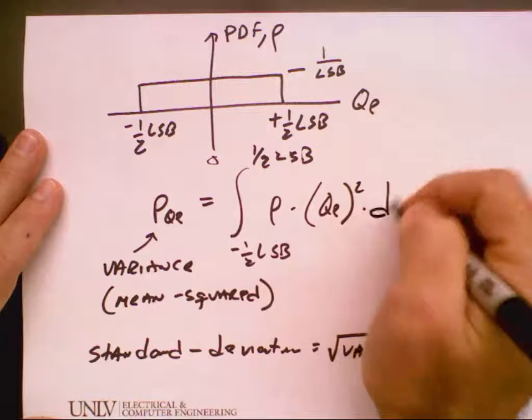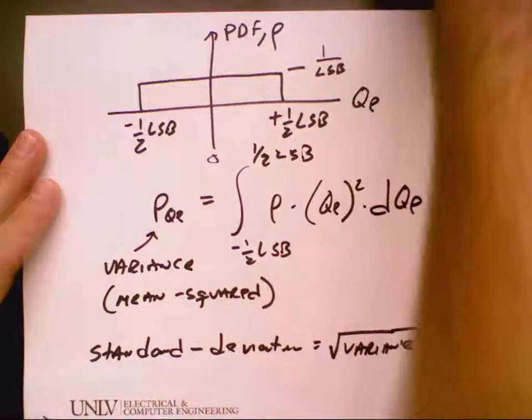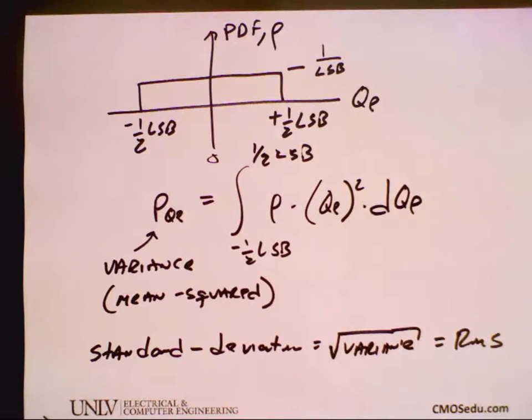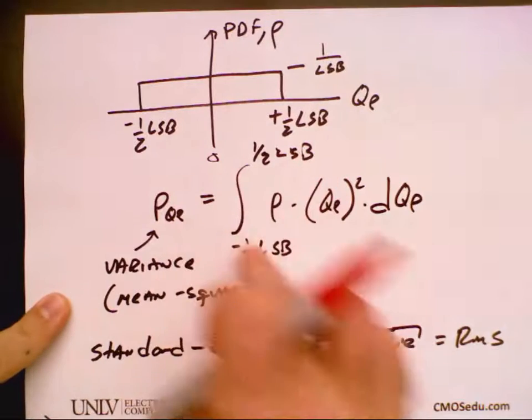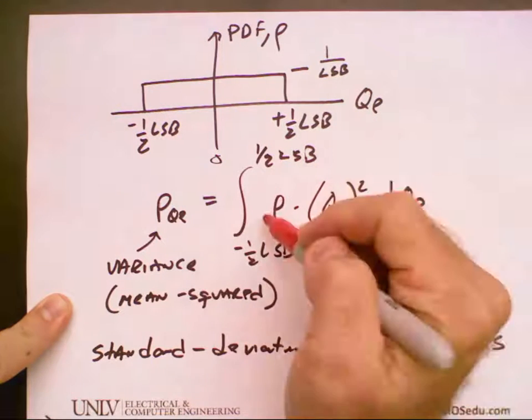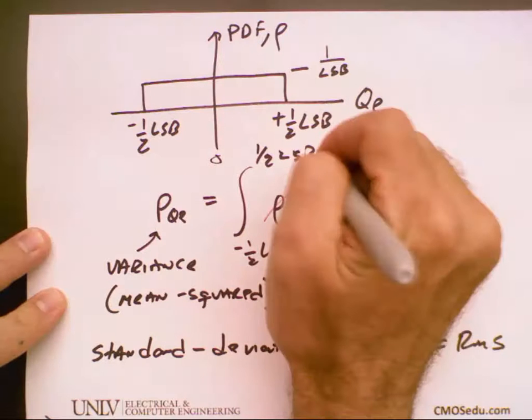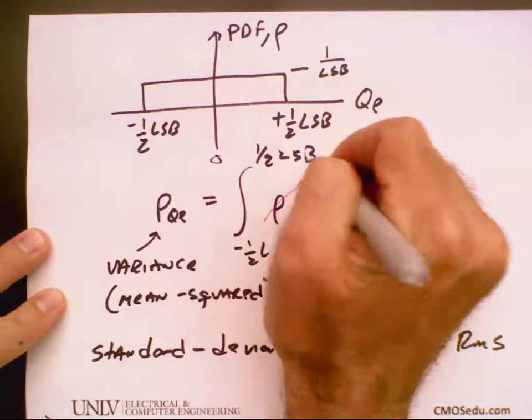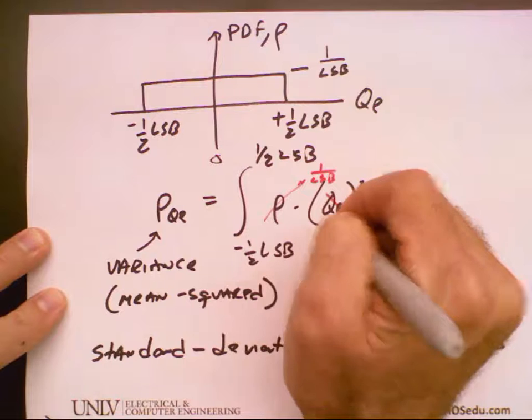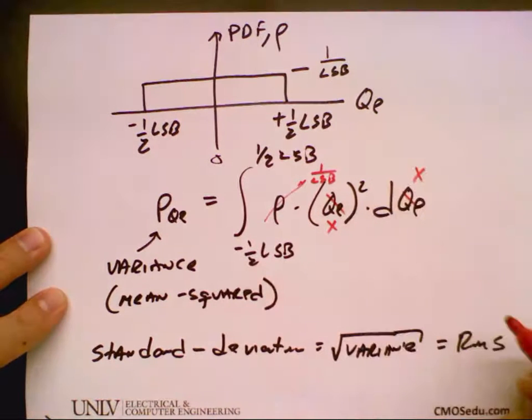Make sure I don't forget this squared again. So just to repeat myself, these are the limits. What is rho here? 1 over LSB. This we could write as x.